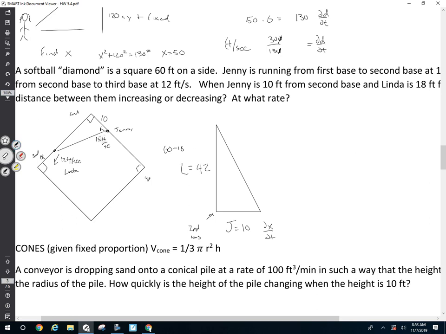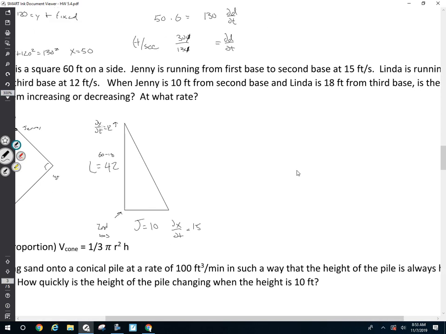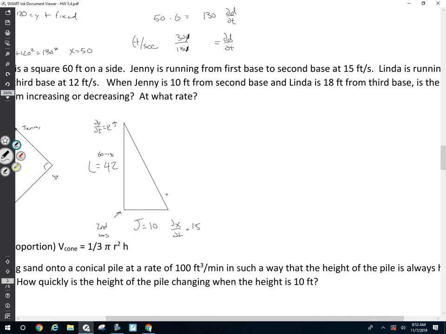Linda is running up at 12 feet per second. So that's dy/dt. And here dx/dt was 15. There's nothing fixed here. Everything is moving. D is moving. I don't know what D is. dx/dt, dy/dt, they're all moving.